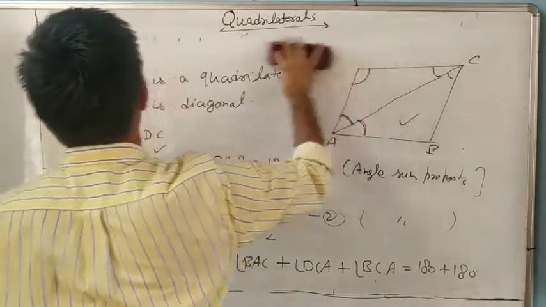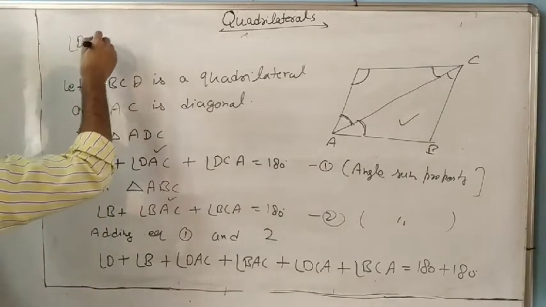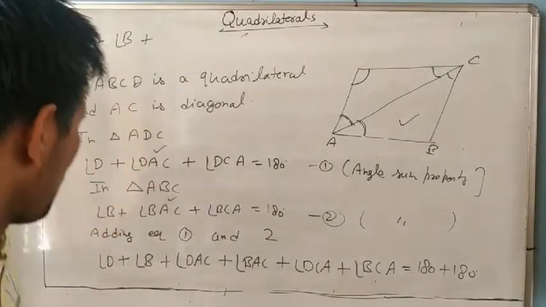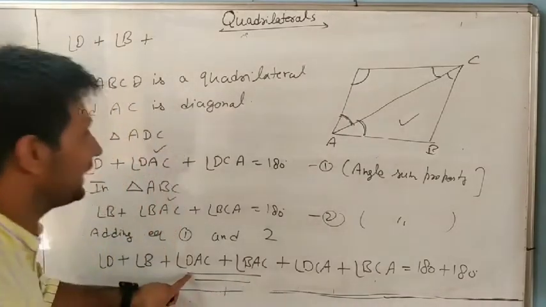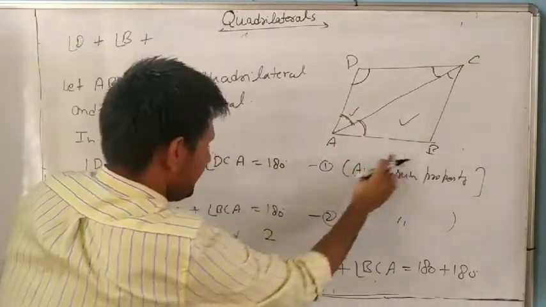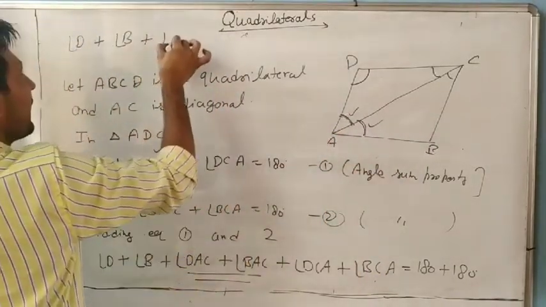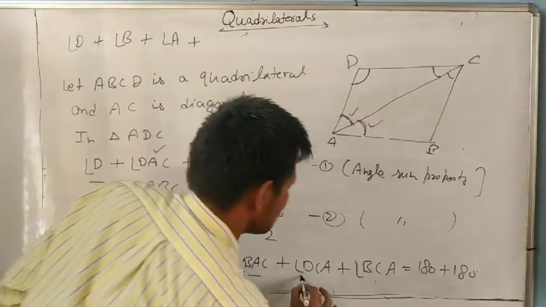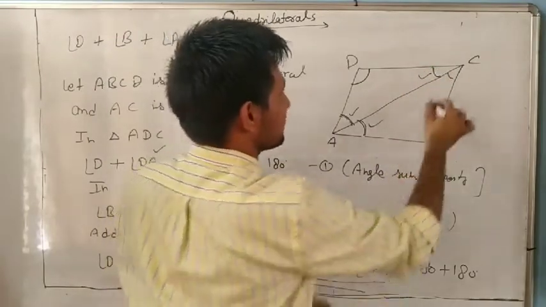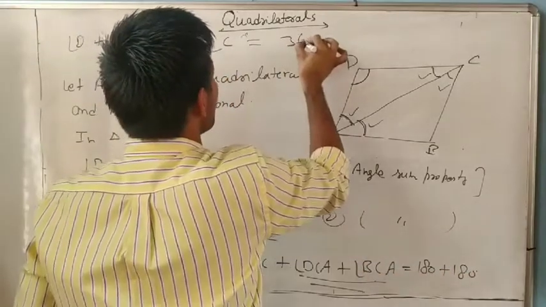And now tell me, angle D is as it is, and angle B. Now observe in the figure: this angle DAC plus this angle BAC is angle A, and these two angles DCA plus BCA is angle C. Equal to 180 plus 180, 360.